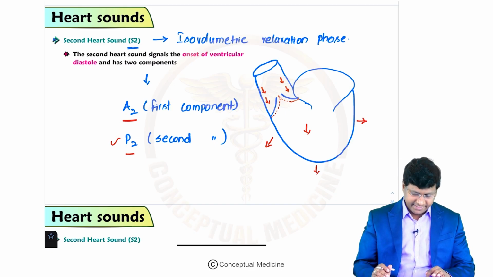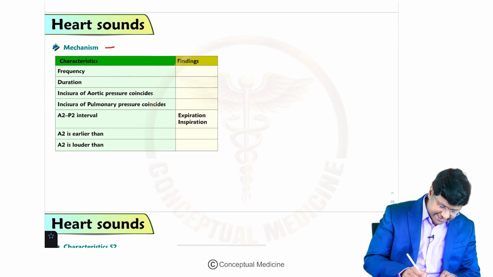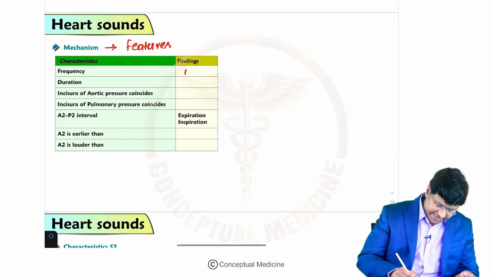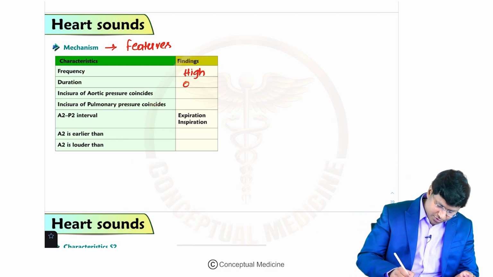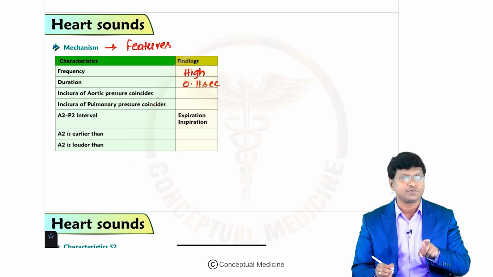Now, if you take the features of the second heart sound, it is a high frequency sound. The duration of the second heart sound will be 0.11 second, whereas the duration of the first heart sound is 0.14 seconds.